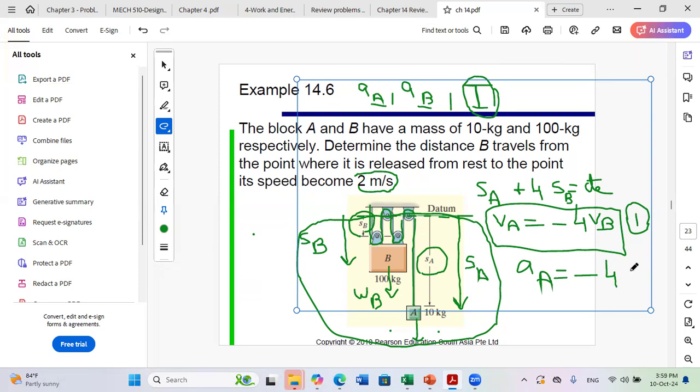And I need two additional equations, which are Newton's law on A and Newton's law on B, to solve for the three unknowns. While if I use the principle of work and energy, instead of requiring three equations, I will just need two equations. The first is the relation between VA and VB, and the second is the work and energy principle.